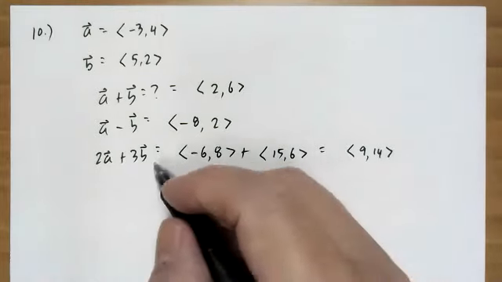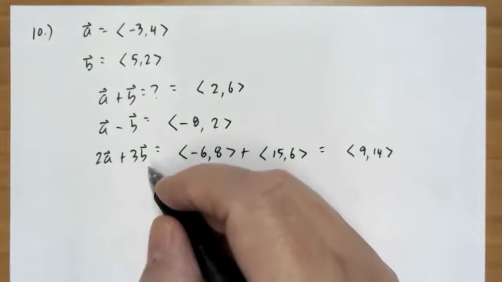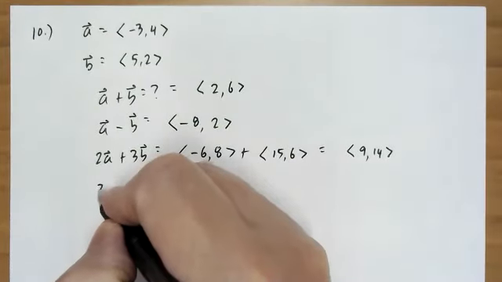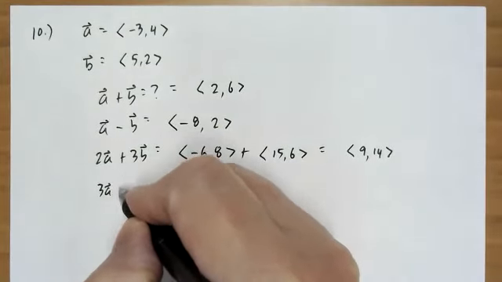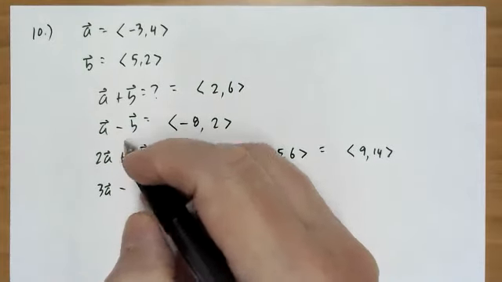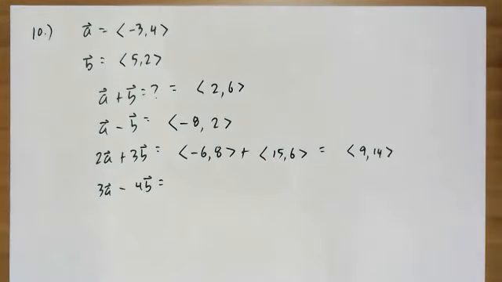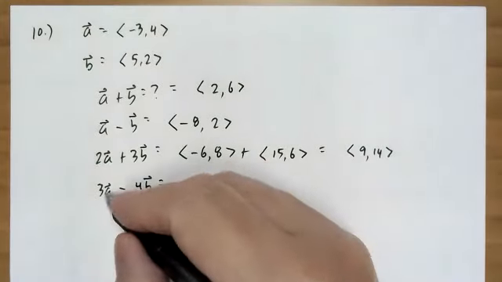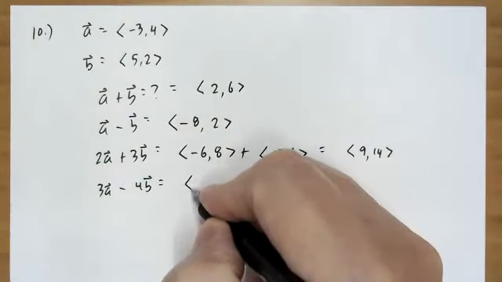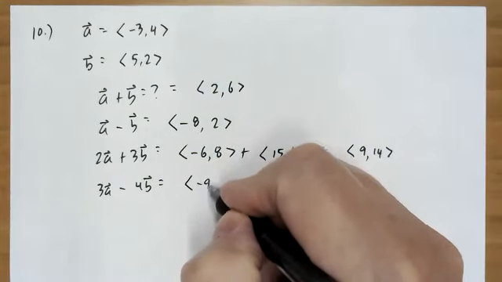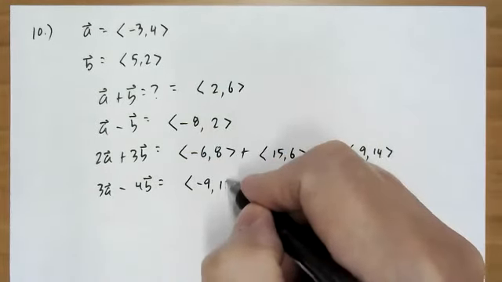And then the next one is similar. They ask you to do 3 times vector A minus 4 times vector B. So 3 times vector A would be -9, 12.